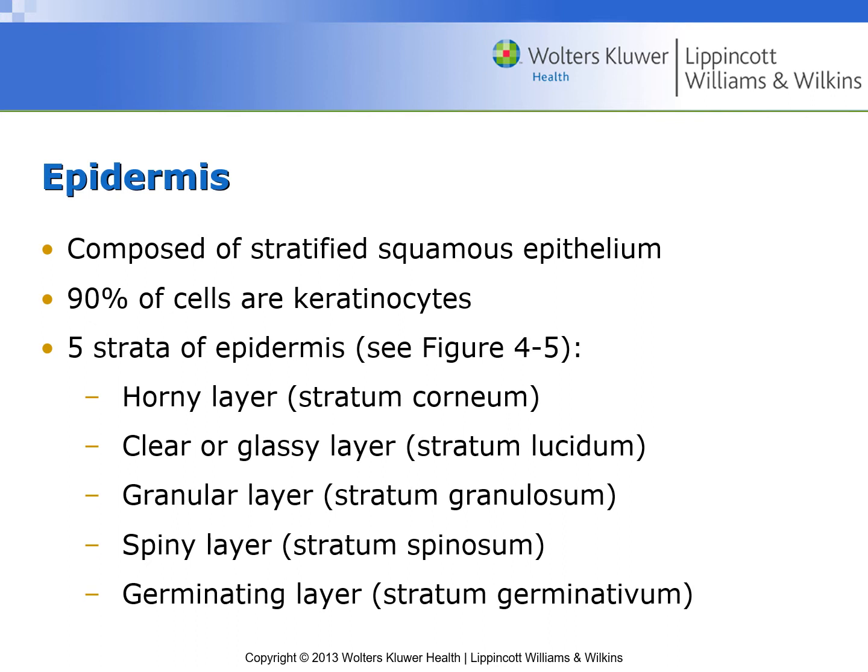The epidermis has 5 strata: the horny layer, which is the stratum corneum, the clear or glassy layer, which is the stratum lucidum, the granular layer, which is the stratum granulosum, the spiny layer, which is the stratum spinosum, and the germinating layer, which is the stratum germinativum.